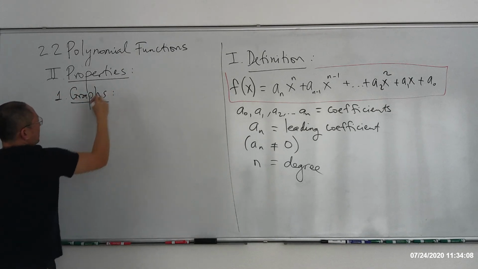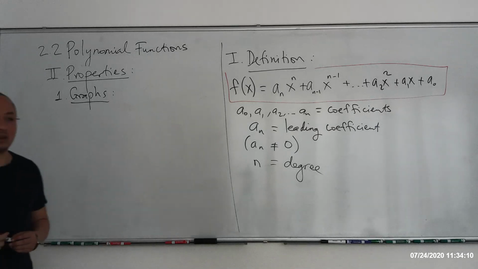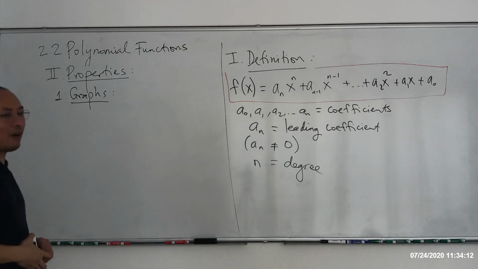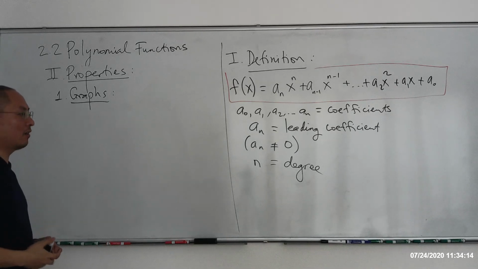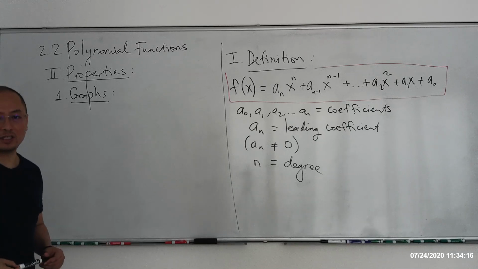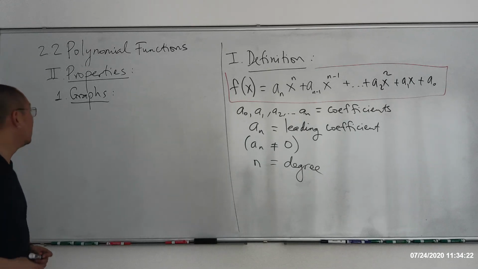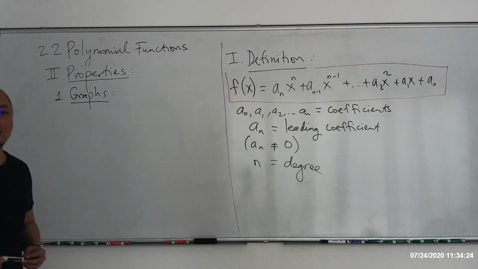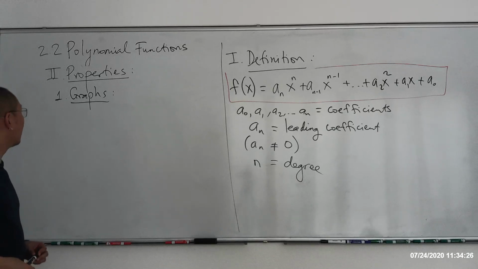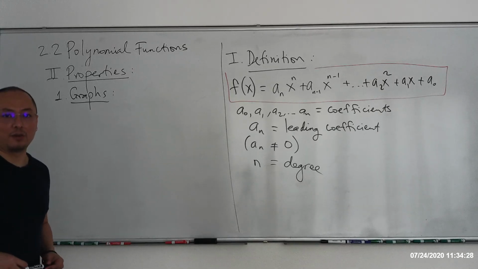Of course, it's impossible for me to give you the precise graph yet, unless you have a calculator or you move on to the next level, calculus 1, when we know about derivatives and have a better understanding of the graph. But for now, I can give you a rough approximation of the graph of polynomial functions.